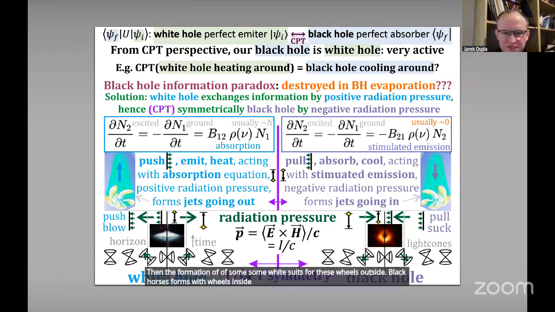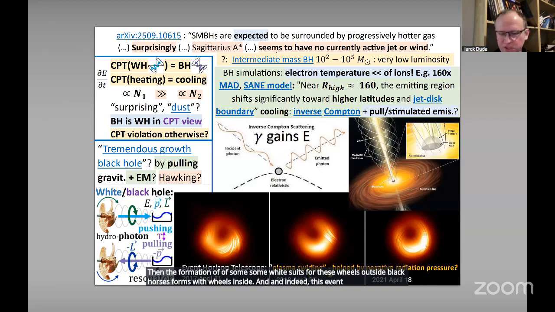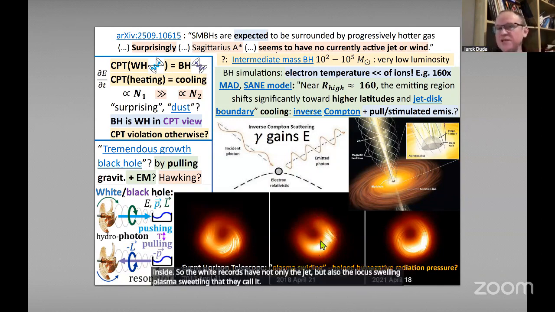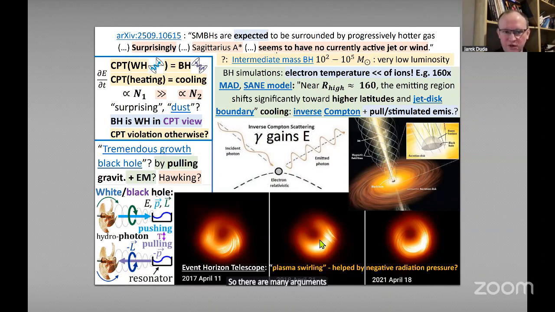And indeed, the Event Horizon Telescope sees that there is this swirling inside. So the black holes have not only the jet, but also the local plasma swirling. So there are many arguments that black holes indeed have this pushing.